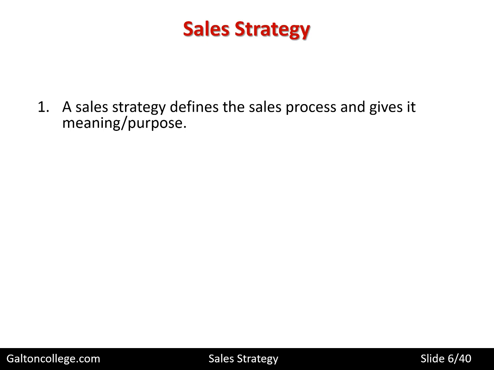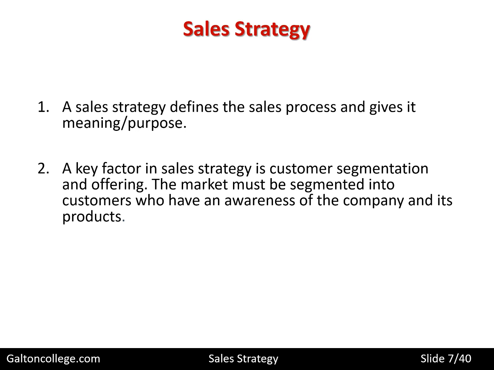Now, a sales strategy defines the sales process and gives it meaning and purpose. So the sales strategy is the overall set of objectives that the company is trying to achieve. A key factor in sales strategy is customer segmentation and offering.